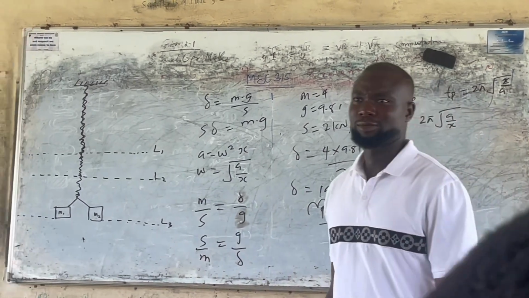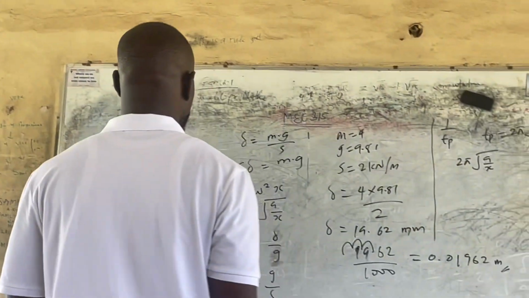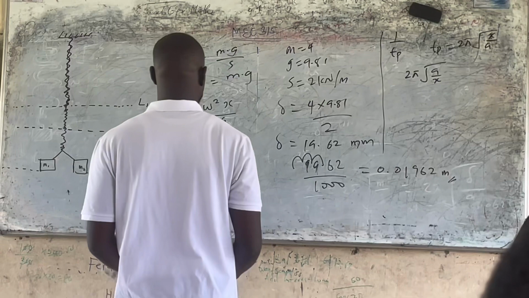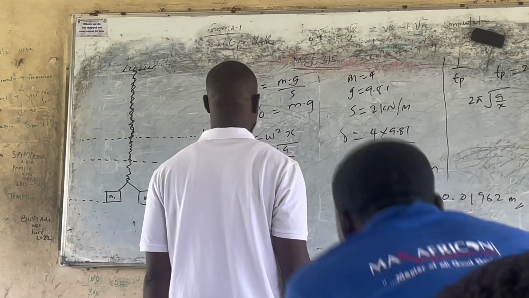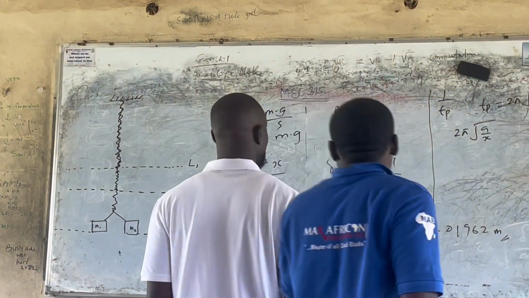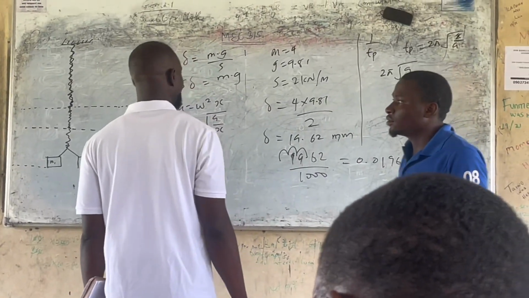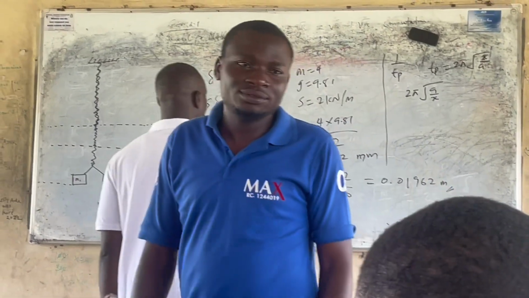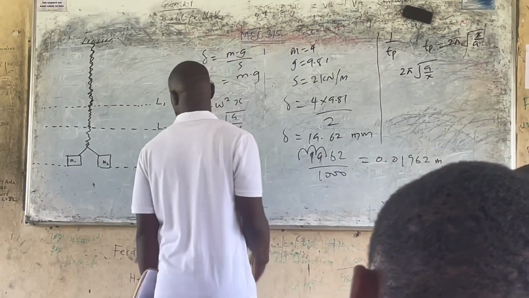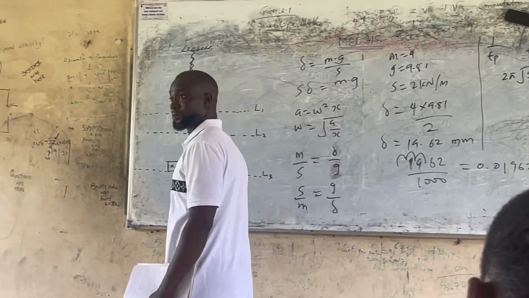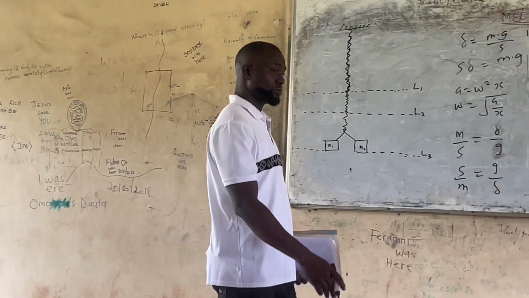Check now. Wait. Because of L2, A equals W squared X. I already noticed on the board the other time. That was on the board.